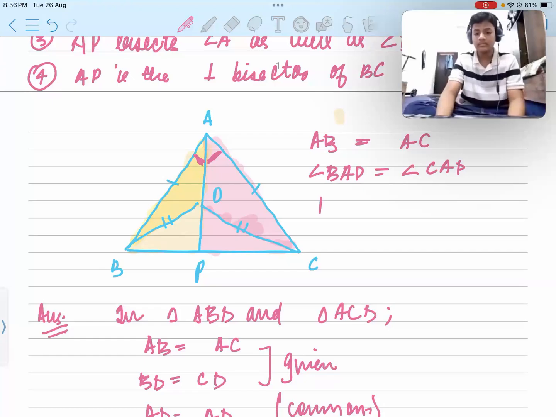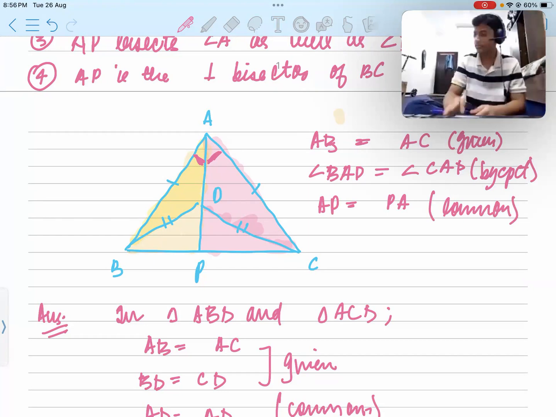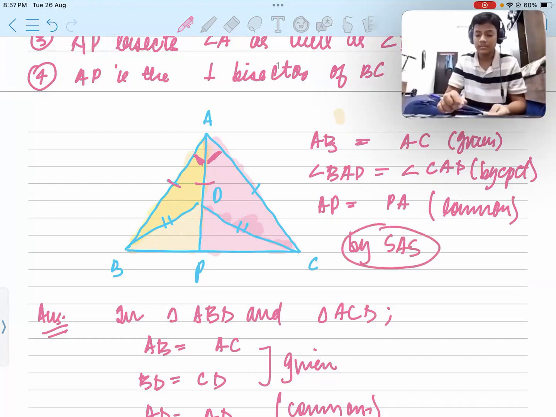Then AP is equal to PA. That's common. So this is given. This is by CPCT. And this is common. Okay, so which congruency are you using? Side, angle, side. So by SAS congruency. Which triangles? Triangle APB.